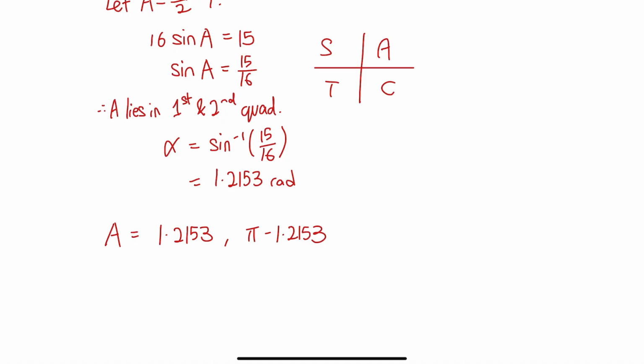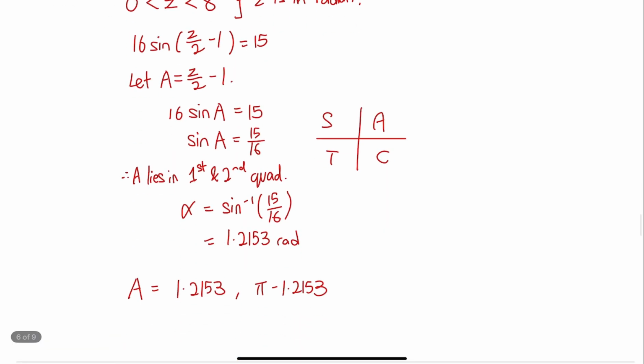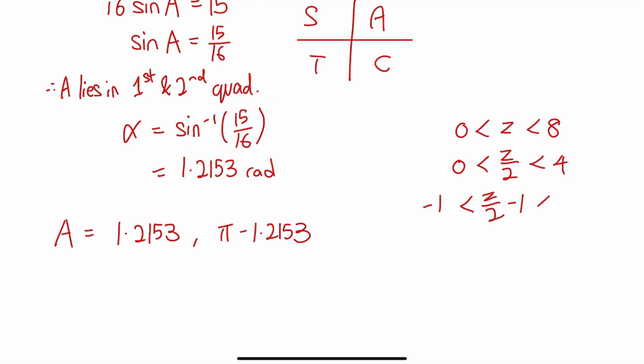And since I know the range of values for a, from what I'm given, z is between 0 and 8, which means that z/2 is between 0 and 4, which means that z/2 - 1 is between negative 1 and 3. So that means a should be between negative 1 and 3.